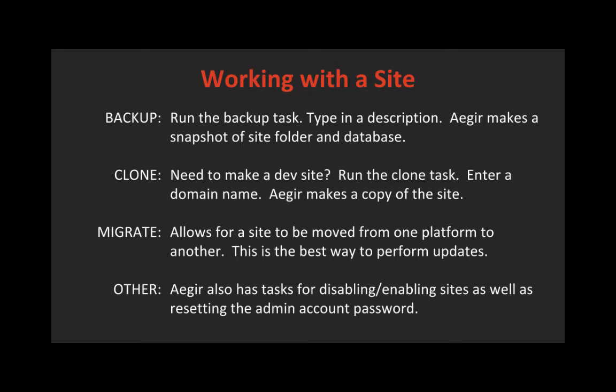So if you have a Drupal 7.37 platform and then a 7.38 platform, you can migrate a site from 7.37 to 7.38 and make sure everything works, and then you're done with your update. And then also, like I mentioned, there's some tasks for disabling a site, taking it offline, re-enabling it, as well as resetting the admin password. I think our next slide here is the video where I'm going to show how to do all this stuff.